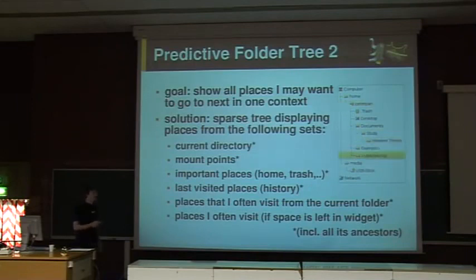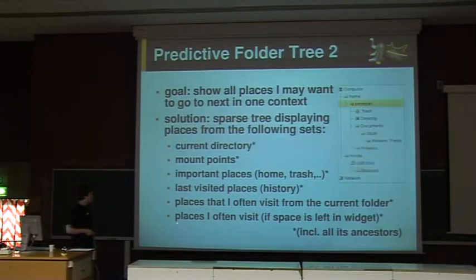So when I visit a folder, it remembers from which folder I visited it, and then that is stored in these folders, and the next time I visit the folder I know exactly which folder I visited next from the current folder, and these are shown.